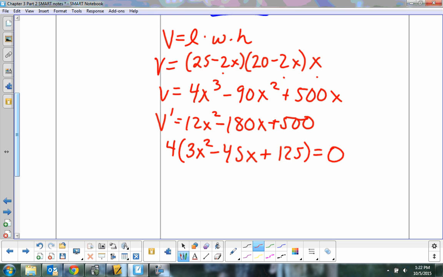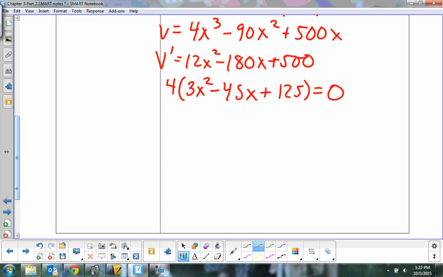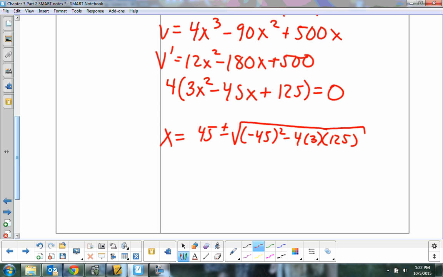X equals negative b plus or minus the square root of b squared minus 4ac over 2a. Well, I'm not worrying about that 4. Numbers like this.